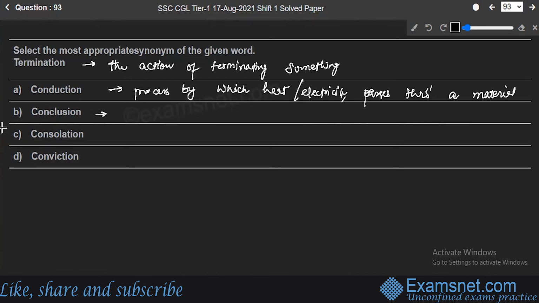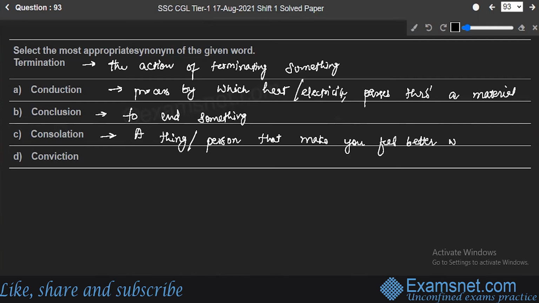Conclusion means to end something. Consolation means a thing or a person that makes you feel better when you are sad.